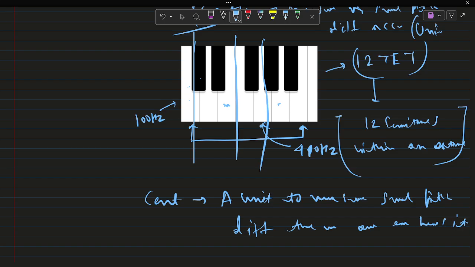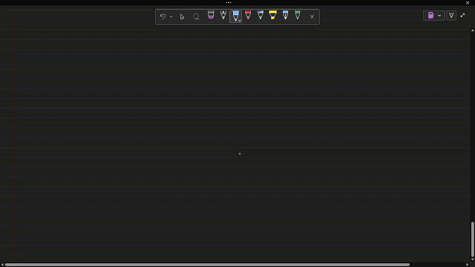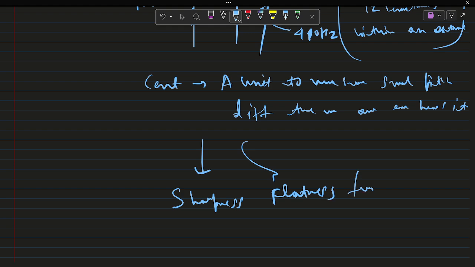Okay, that means it actually defines the sharpness or flatness of a note.